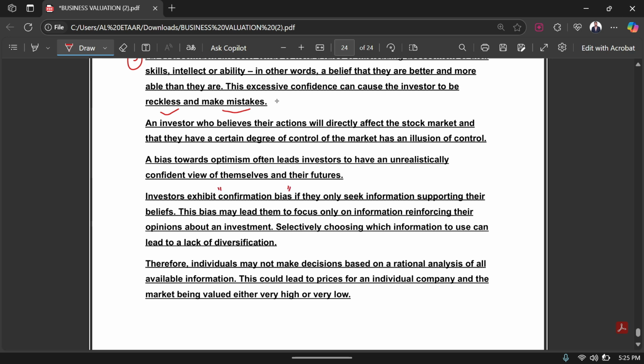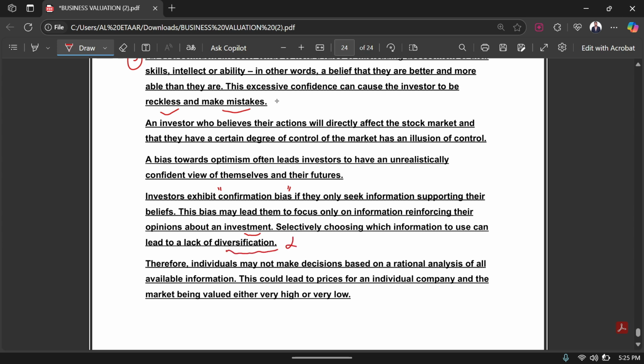And any investor who exhibits confirmation bias always seeks information that supports their belief. This bias may lead them to focus only on information reinforcing their opinion about an investment, right? Selectively choosing which information to use can lead to a lack of diversification.